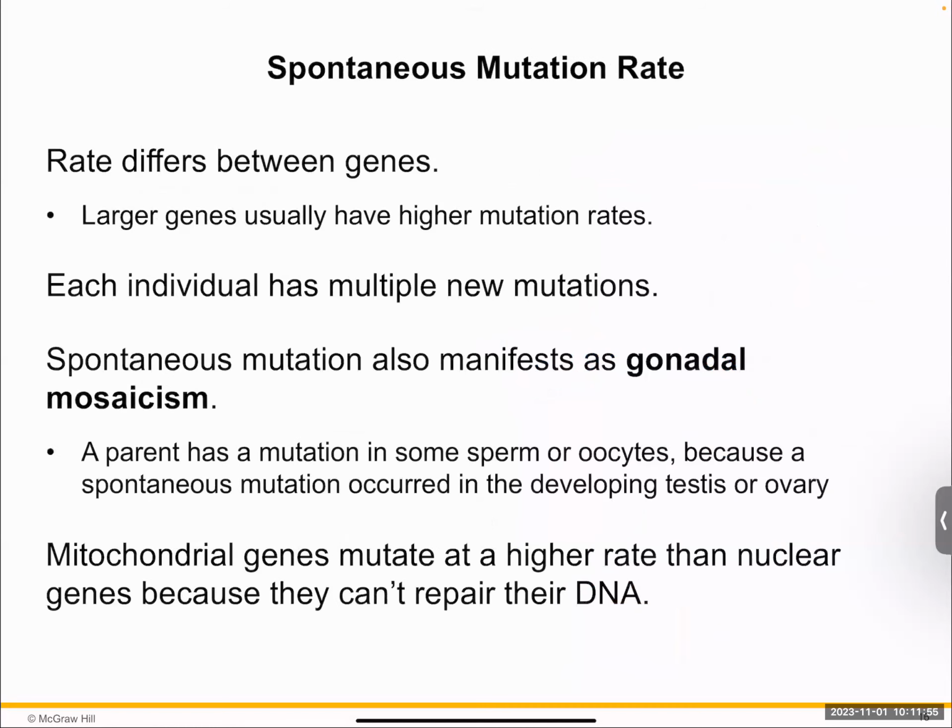So we have understood two types of mutation, or two causes of mutation: things that are considered mutagens, or just a spontaneous change in DNA. Now, the rate of spontaneous mutations, again with no connection to any type of mutagens, can be different depending on the gene.